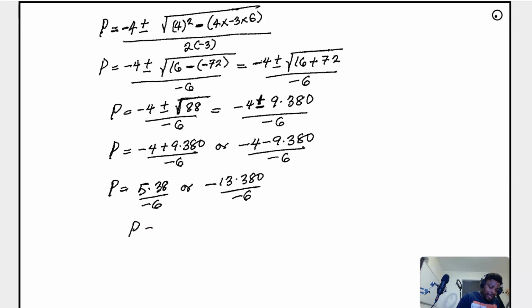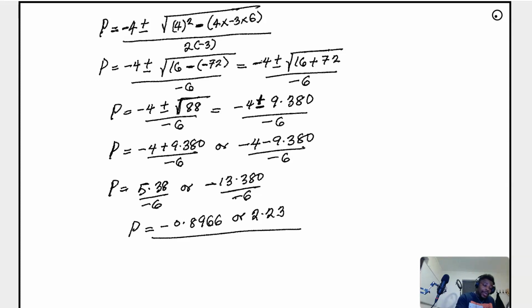So p is equal to 5.38 divided by minus 6, which will give me minus 0.8966. Or I divide this one: minus divided by minus is plus already, so 13.380 divided by 6. Here I will have 2.23. So that is p.